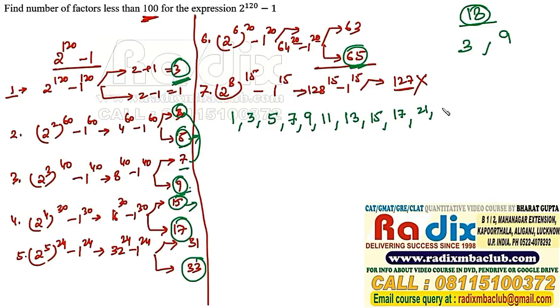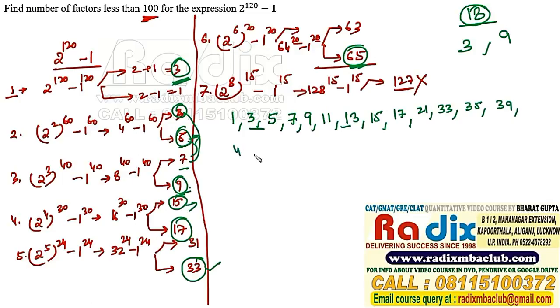Now 29 is not there, 31 is not there, 33 is there. See, 33 is there. 35, 7 5s, yes. Then 37 is not there, 39. 13 3s, yes. See, 13 3s. 39. 41 is not there, 43 is not there, 45, 9 5s, yes.